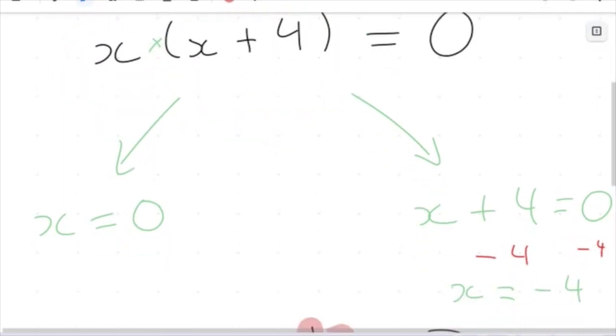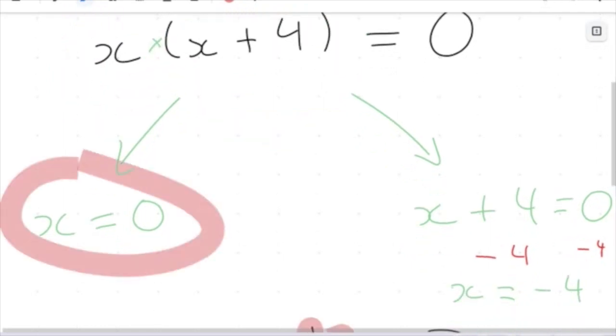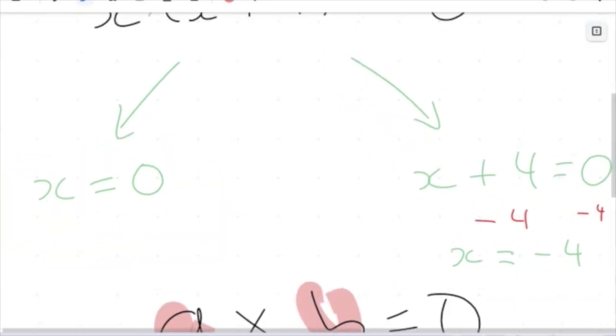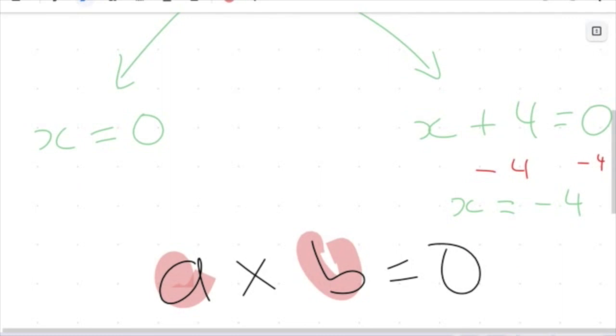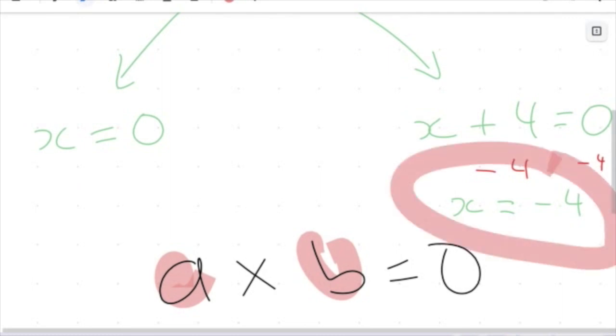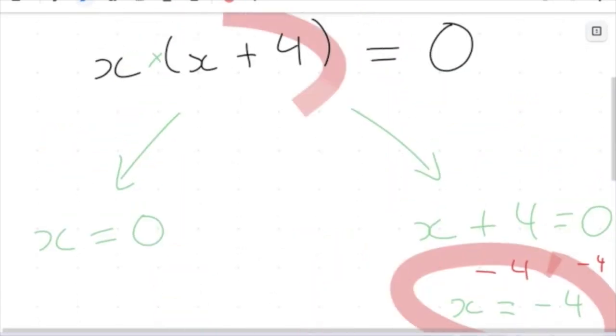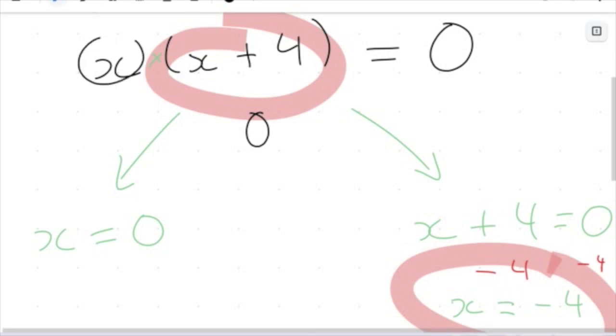Now the first one was kind of easy because x is on its own, so this is clearly going to be a value of 0, but for the next one we had to solve the equation in order to get a value of x equals -4 to make this term 0. And we can check that by substituting back in. -4 plus 4 gives me 0, and then 0 times -4 substituted back into the x is going to give me my right hand side of 0.